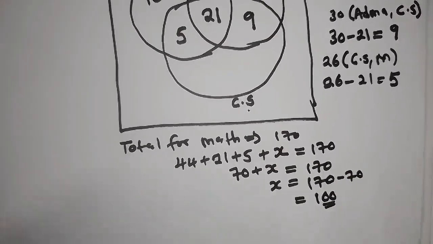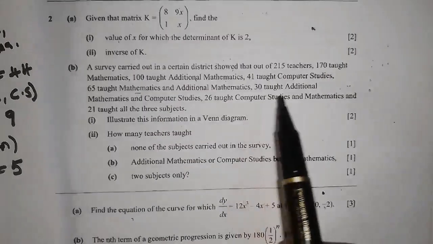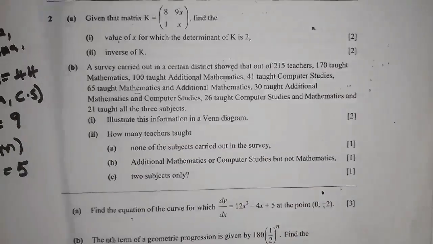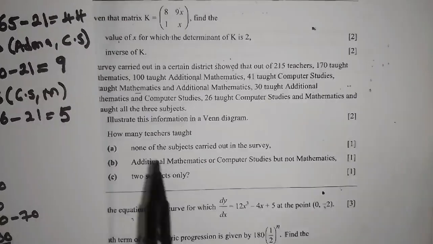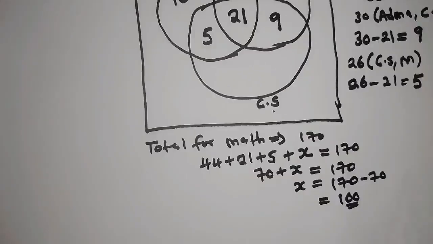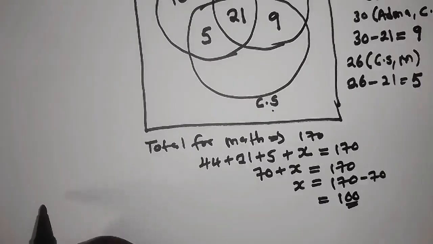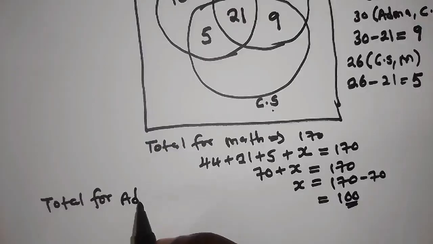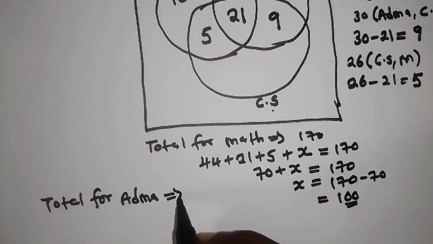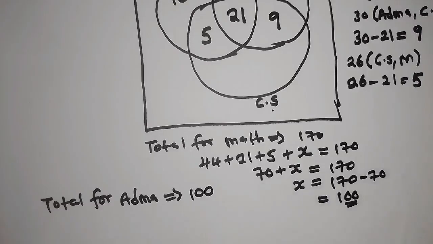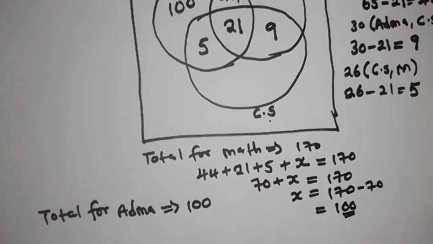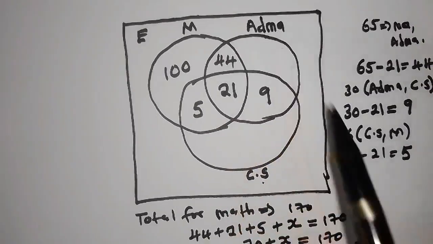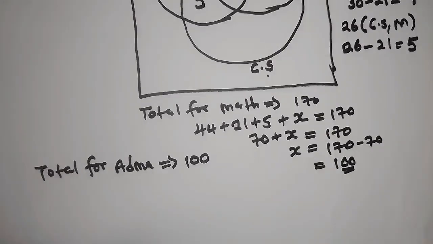Okay. So let's read the information. So we are done with 170 for mathematics, and then 100 taught additional mathematics. So the total for additional mathematics is 100. So we are going to do the same. So you are going to say total for additional mathematics is 100. Okay. So we are going to just simply add everything that is forming this circle for additional mathematics. Okay.